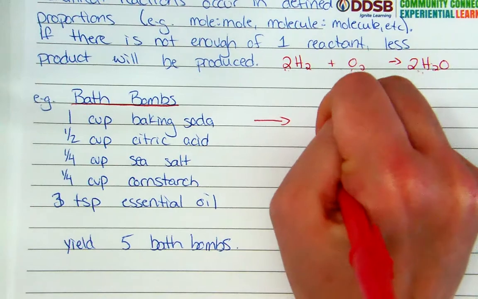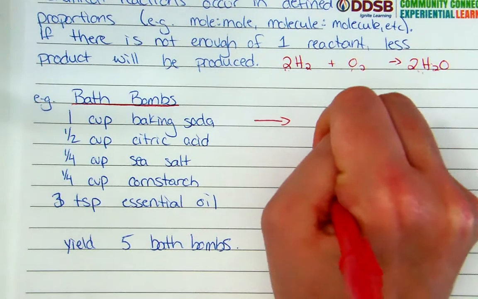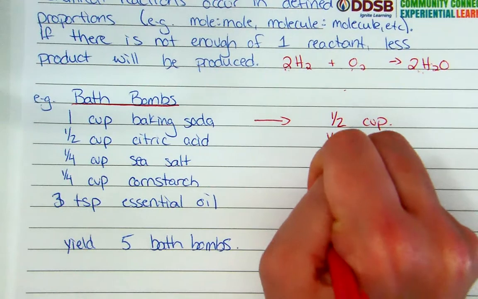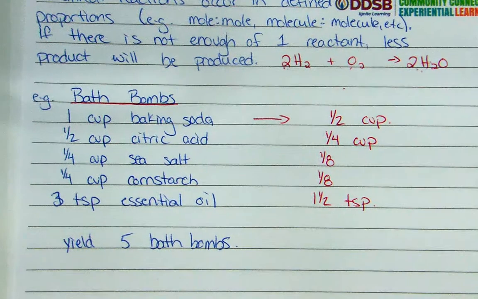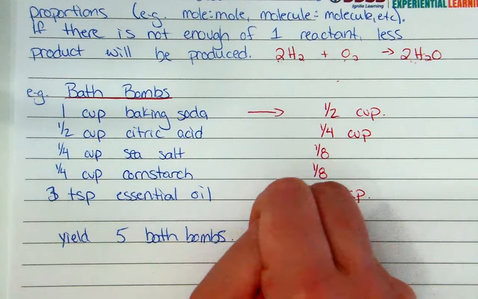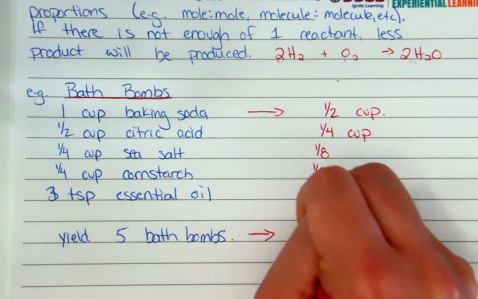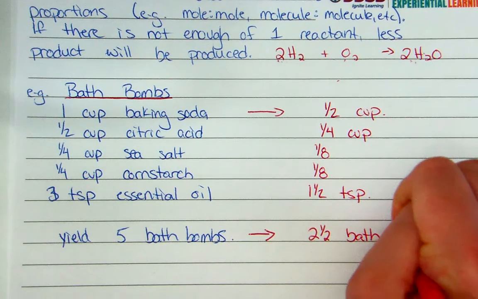So that would become a ¼ cup of citric acid, 1/8 of a cup of sea salt, 1/8 of a cup of cornstarch, and 1½ teaspoons of essential oil. That's also going to change the yield, right? So the yield is now going to be half of that, and it will give me 2½ bath bombs.